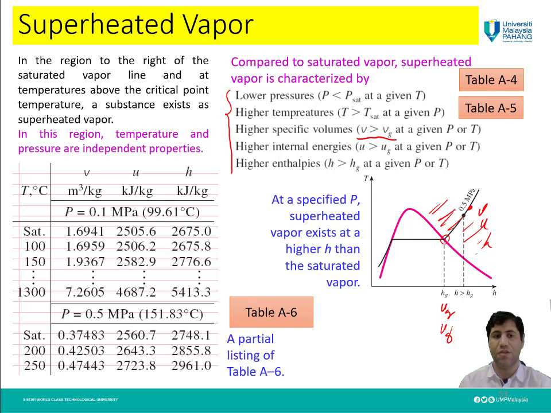In table A6, we have different temperatures and different pressures, and the properties v, u, h, the specific volume, specific internal energy, and specific enthalpy for the superheated region can be found in this table.